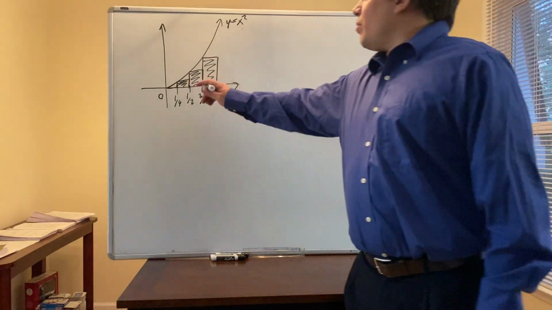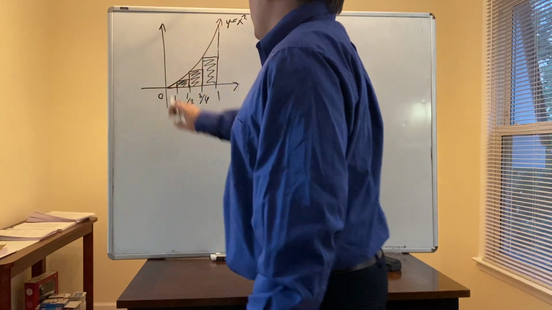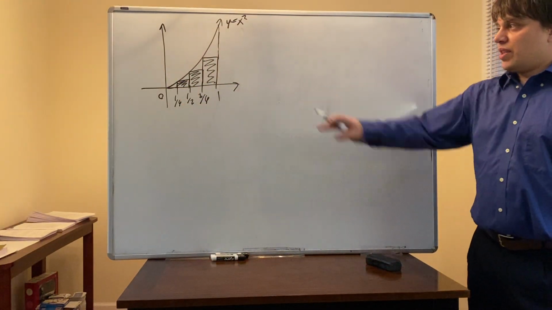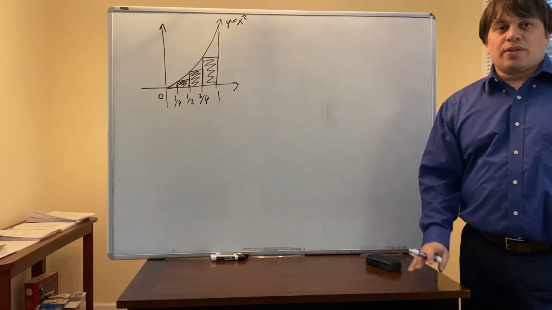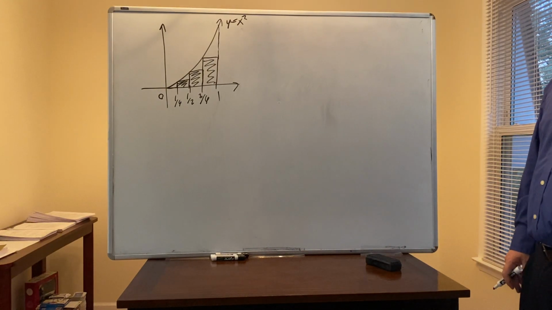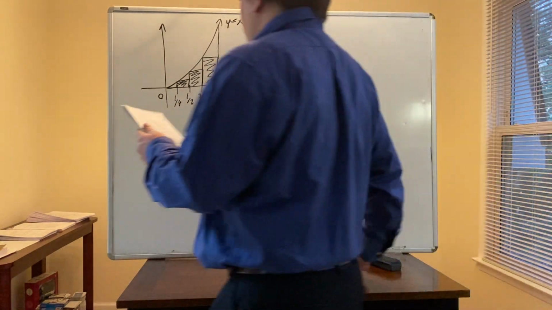So if you add up these 4 rectangles, it's an approximation to the area under the curve. This is a low estimate of what the area is, right? Because you see the rectangles take up less space than the space under the graph. So this is a lower estimate of the area under the curve y equals x squared from x equals 0 to x equals 1, as this uses left endpoints.